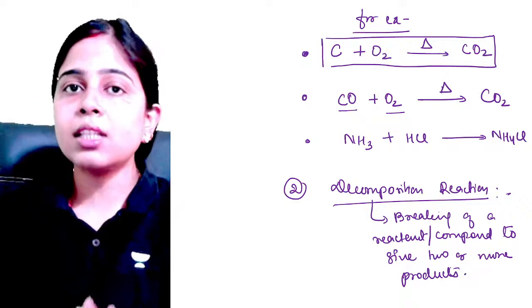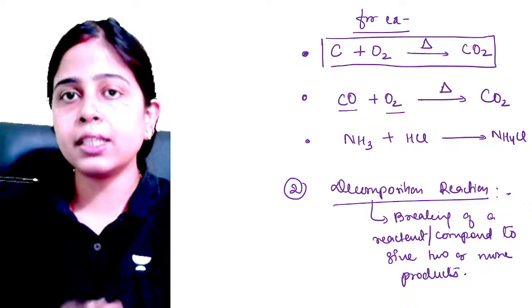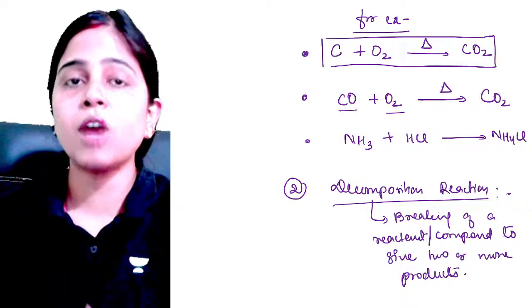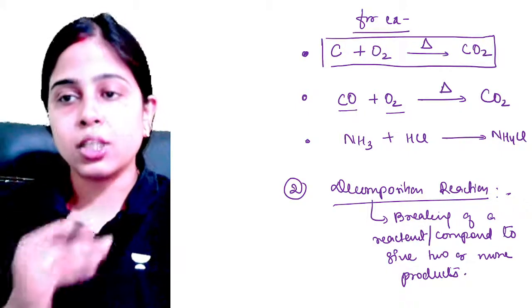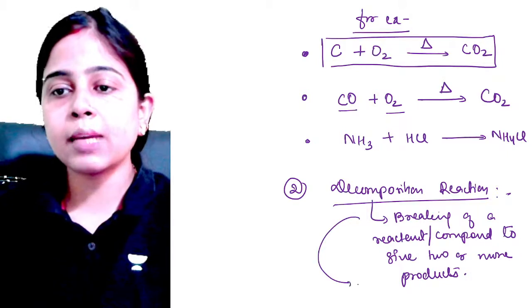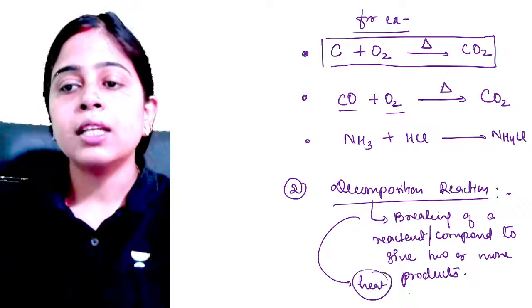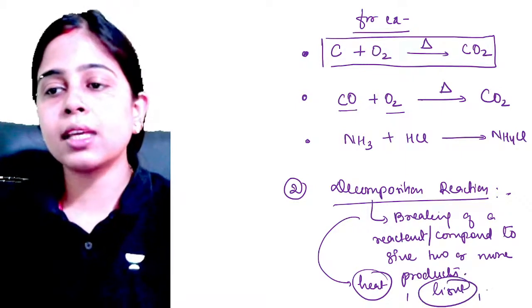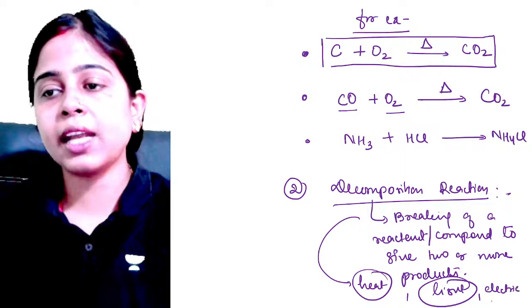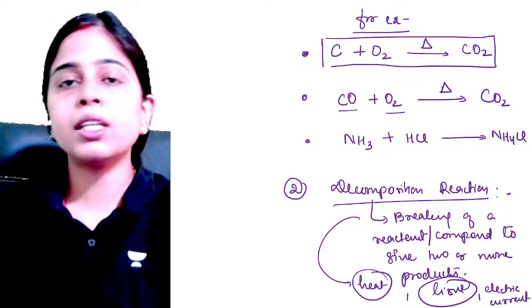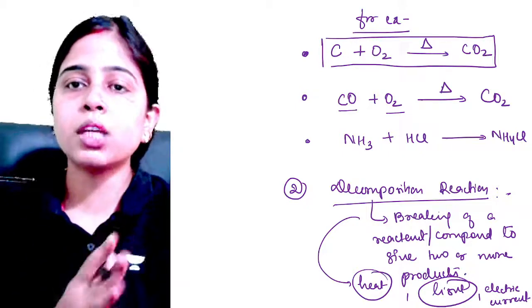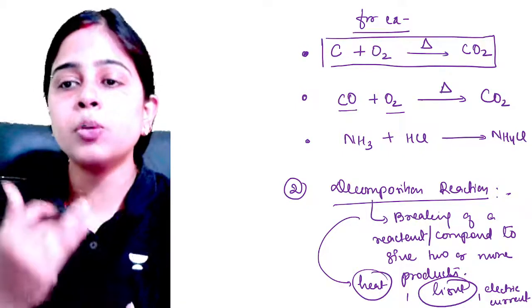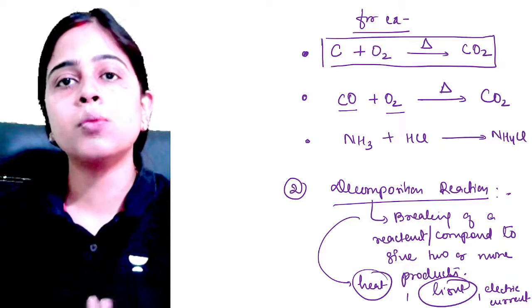Now this breaking of a compound or reactant can take place in the presence of certain conditions. This breaking can take place in the presence of heat, light, or electric current. That means we need to provide energy to the reactant in some form to break it down into two or more products.